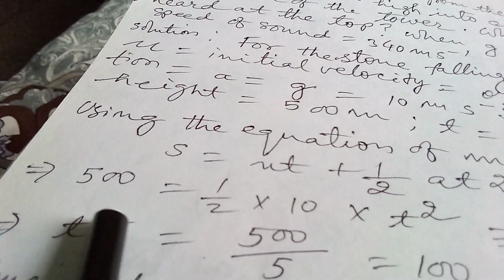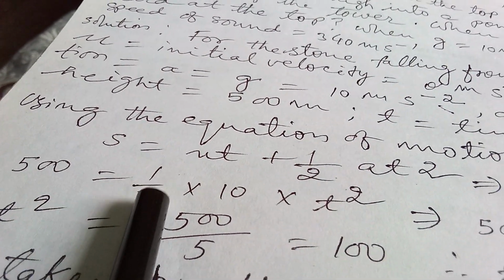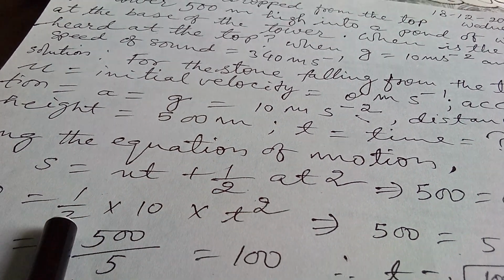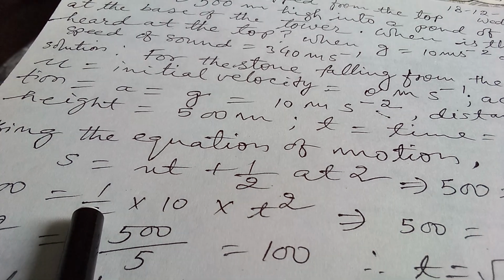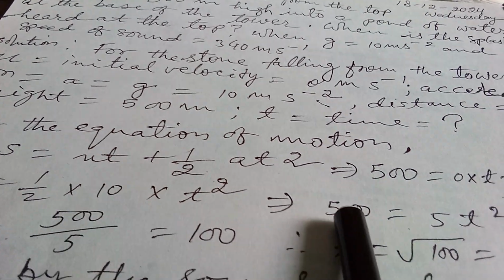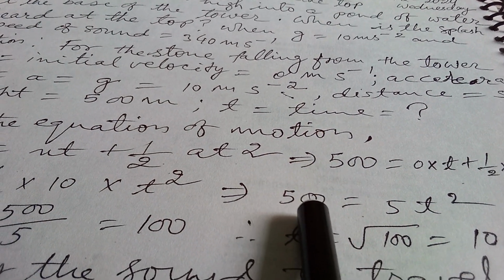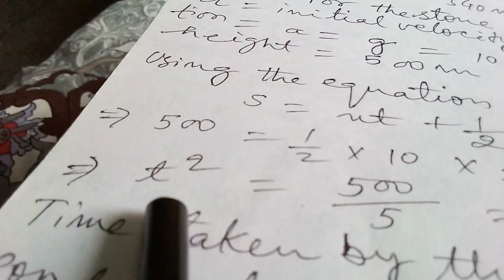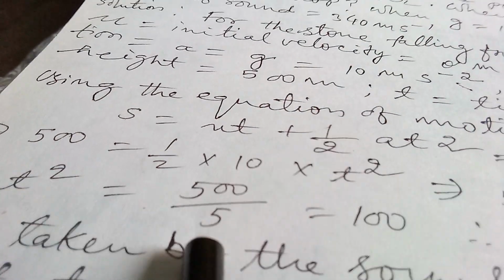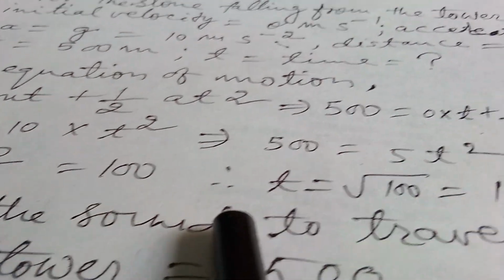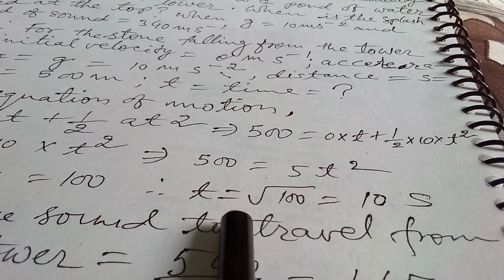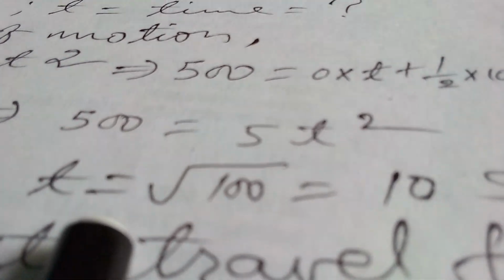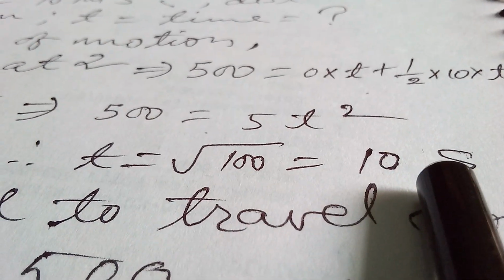So this implies 500 equals 1 by 2 into 10 into t square, 2 into 5 is 10, it will be cancelled, so 500 equals 5t square. So this implies t square equals 500 by 5, that is equal to 100, and therefore t equals square root of 100, that is equal to 10 seconds.